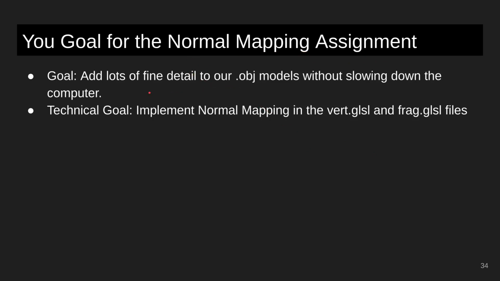Our goal for the normal mapping portion is to add lots of detail to our object models without slowing down the computer. We're going to implement normal mapping in the vert GLSL, fragment GLSL shader, so we can show a lot of detail by utilizing textures and our GPUs to render detail as opposed to lots of triangles.